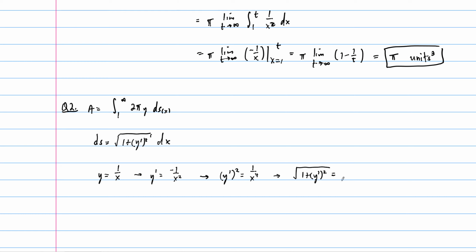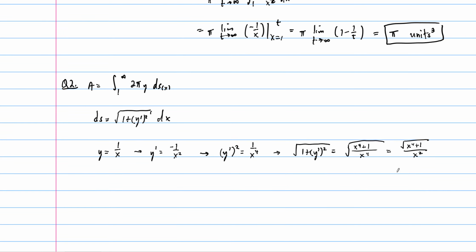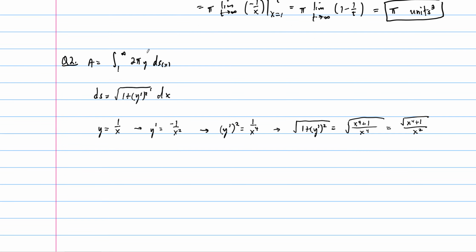We are going to get something like this. So if you add this up, it becomes x to the 4th plus 1 over x to the 4th, and then this is like x to the 4th plus 1 over x squared. All right. And maybe I didn't even want to do that, but what we're going to do now is plug this back into the integral, right? And we can even leave the y as 1 over x.